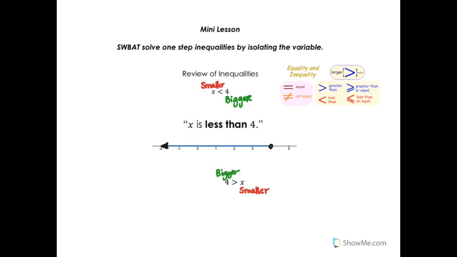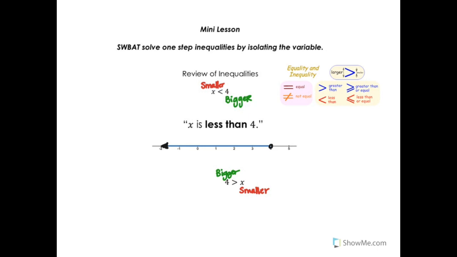Usually when I read inequalities, I always like to start where the variable is. So if I read this, this is still telling me x is smaller than 4. Or if you want to write it another way, this is also saying 4 is bigger than x, which essentially means the exact same thing.